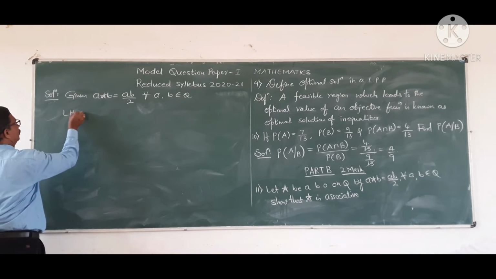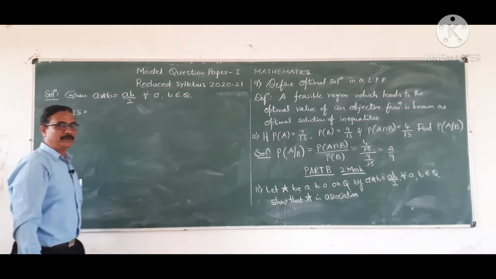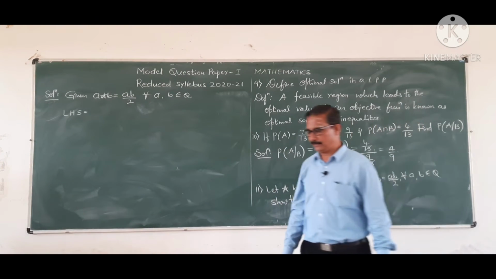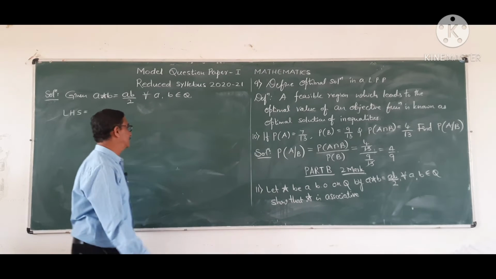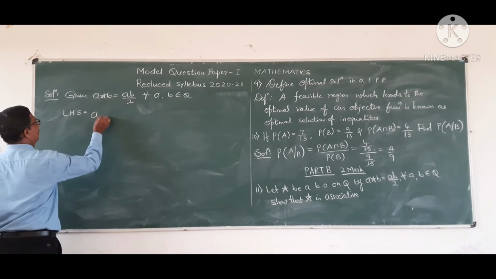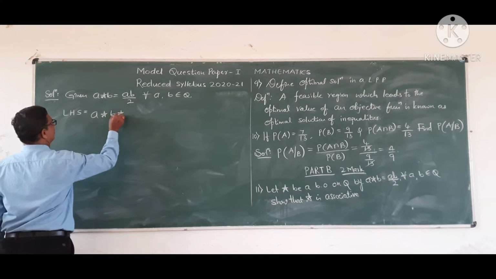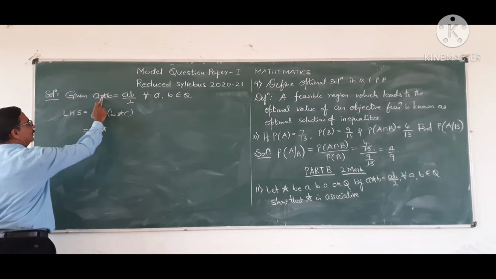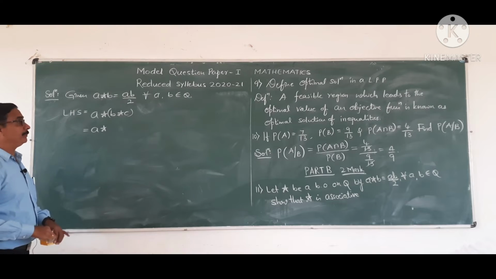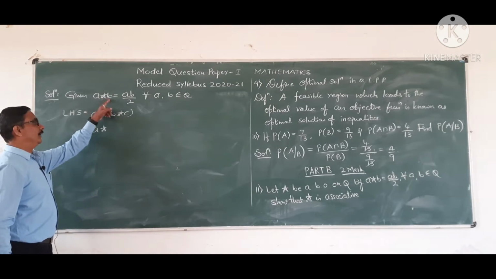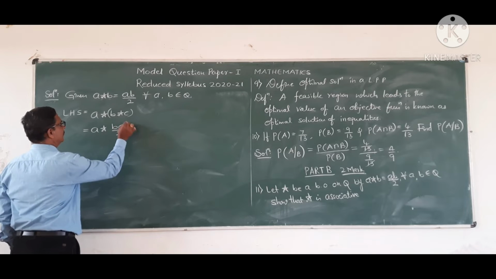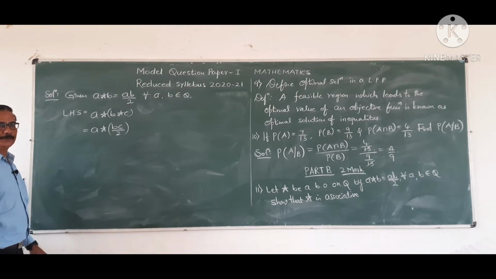Now here to prove that A star (B star C) is equal to (A star B) star C. Okay. Now take LHS. A star (B star C) is equal to A star, given A star B is equal to AB upon 2, instead of A and B, here B and C. What is B star C? BC divided by 2. Okay.